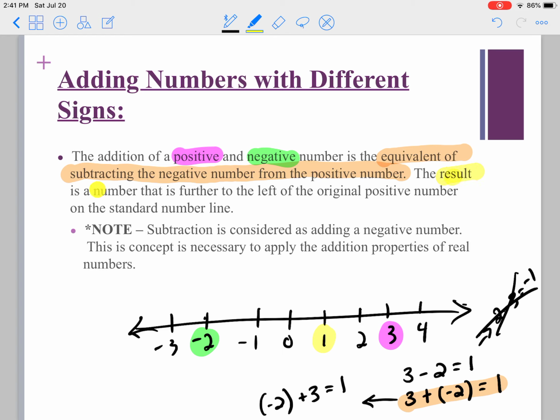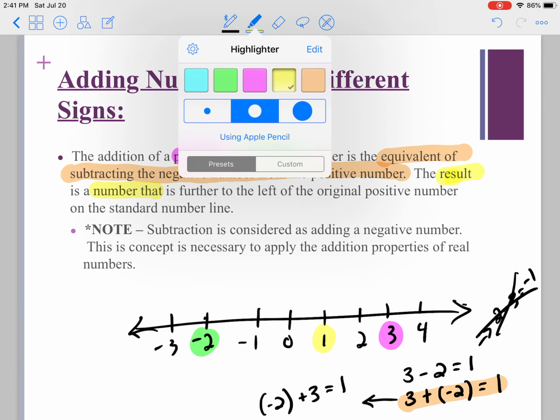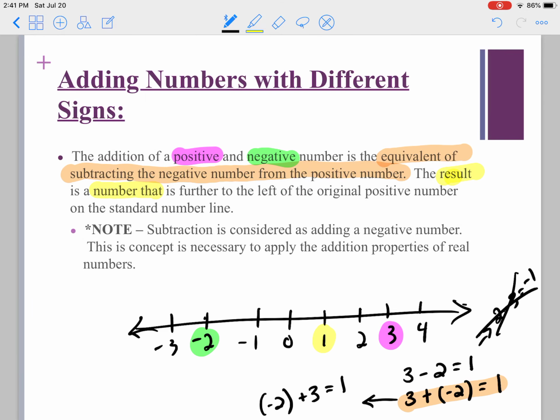Okay, so the resulting number is further to the left of the original positive number. So it is going to move to the left of the 3, which is the positive number, okay? And so we could say that it moves to the right of the negative, but a lot of times let's just use it in association with the positive number, okay?